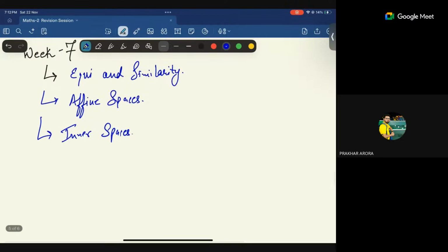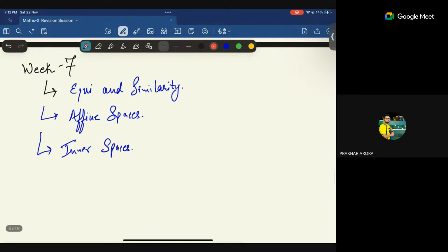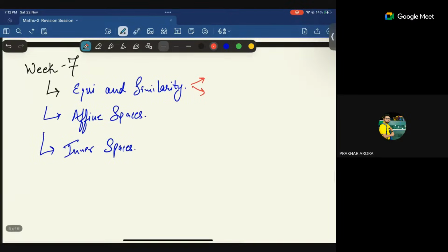Here in the topic of equivalence and similarity, there is a part where we have domain and codomain.